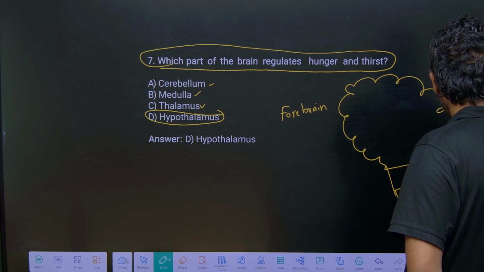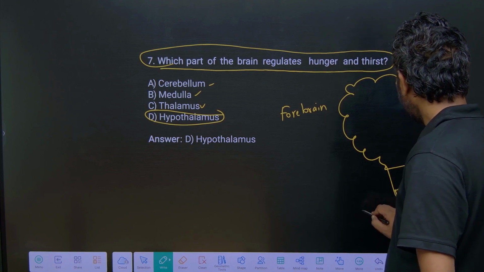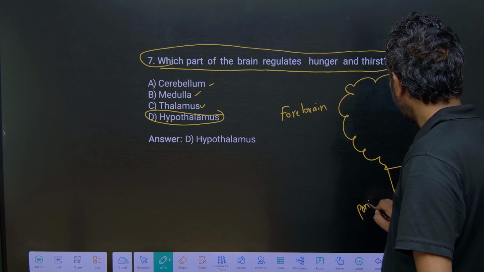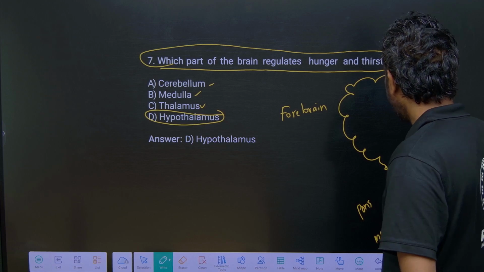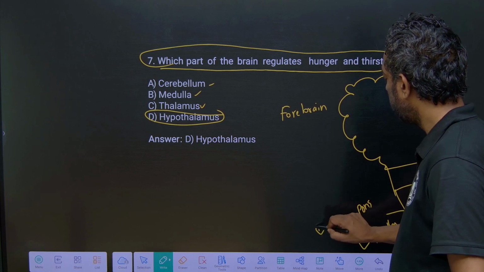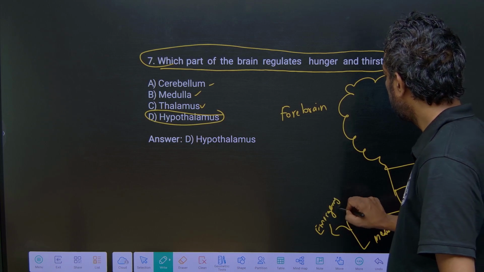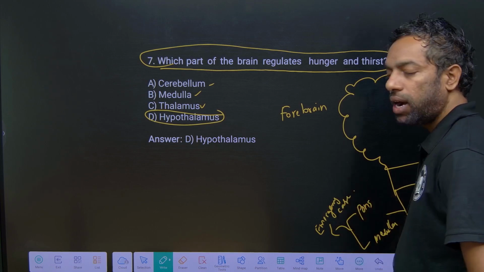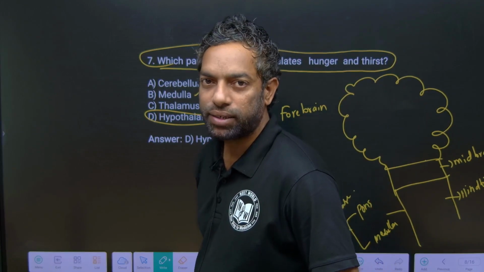The hindbrain has two parts, pons and medulla. They regulate emergency cases only, like heartbeat and breathing sensations.